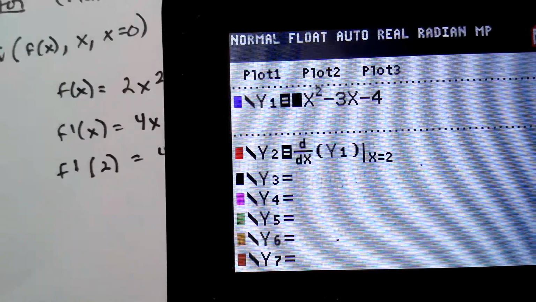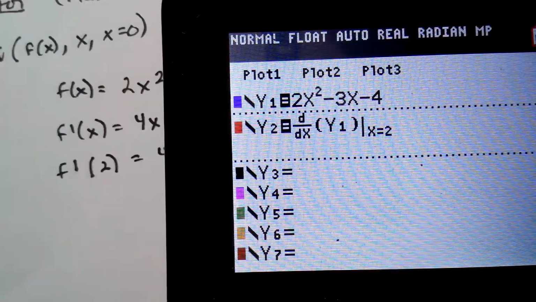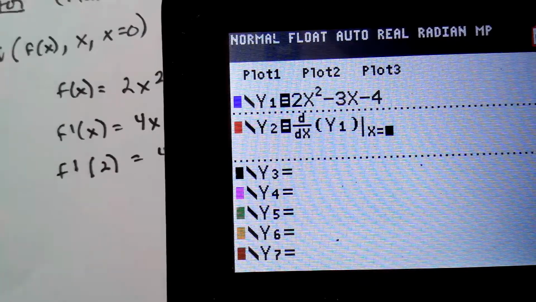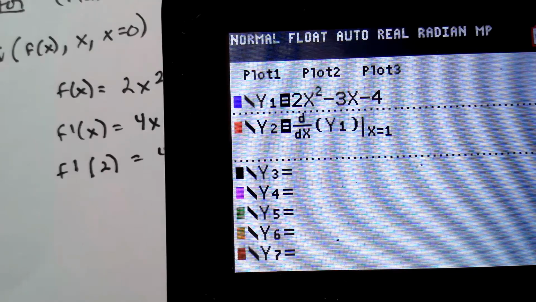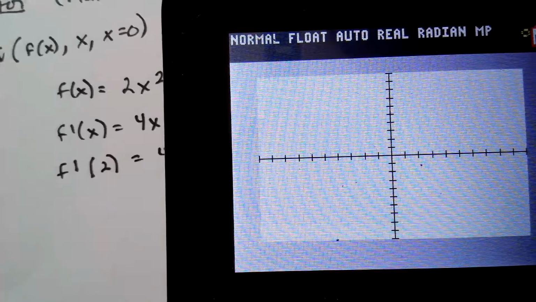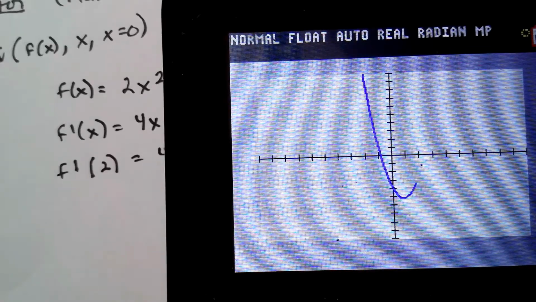Go back to y equals. Maybe I want to know what the derivative is at x equals 1, so I'm assuming it's probably 0 there. It looks like at x equals 1 from the graph that I would have a horizontal tangent line, so let's just see if it's true. Alright, there's a bump, so I should have a 0 there, and it looks like it's at 1.